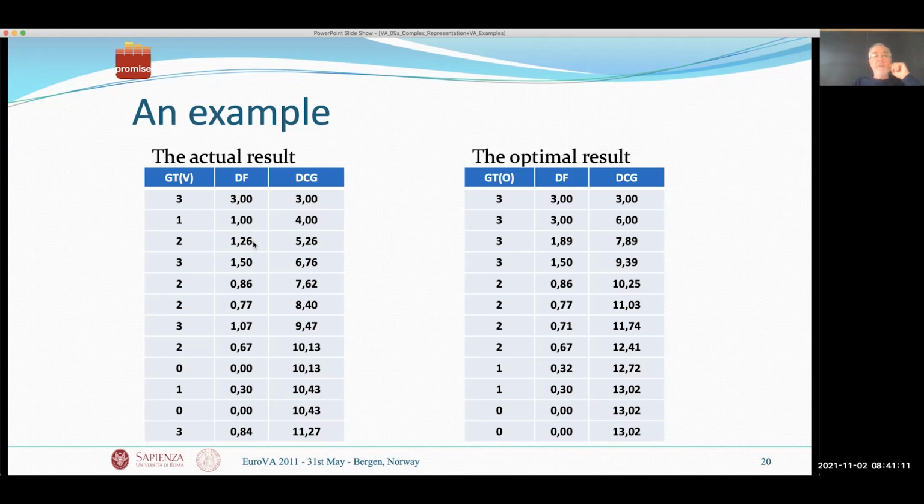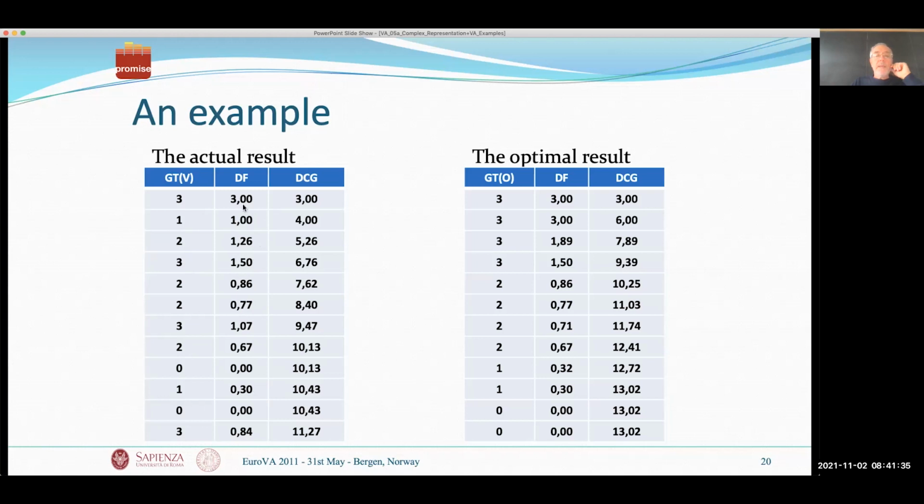X is equal to 2. So this element, 3, has not the same value as this. This is value 3, this has value 1.5, because it is in 4th position. And this is even less, this is even less.